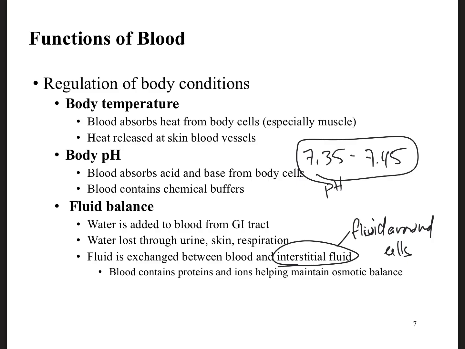Especially at the surface of the skin, the capillaries dilate, more blood is at the surface, and heat dissipates to the environment. When you're cold, the vessels constrict, less blood at the surface, more blood internally. You conserve body heat.